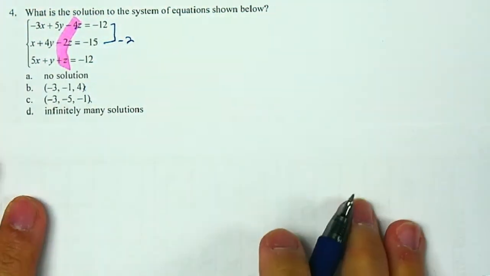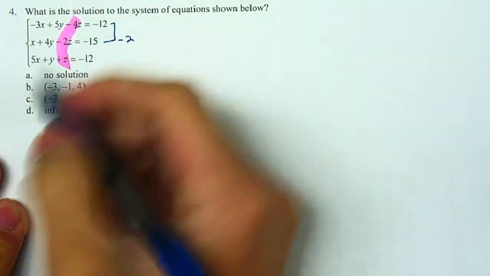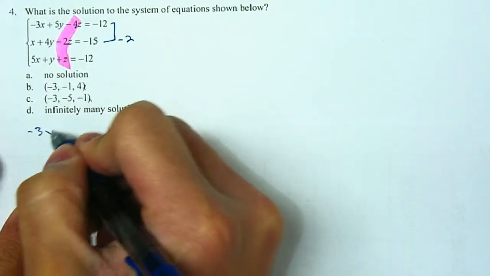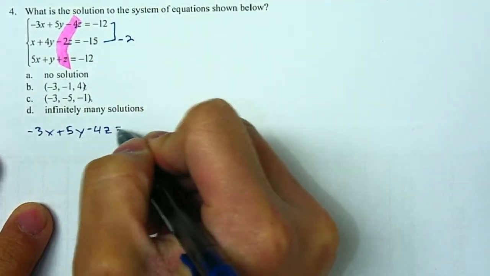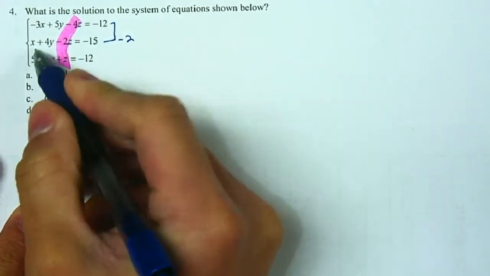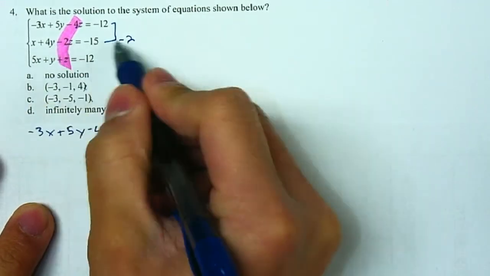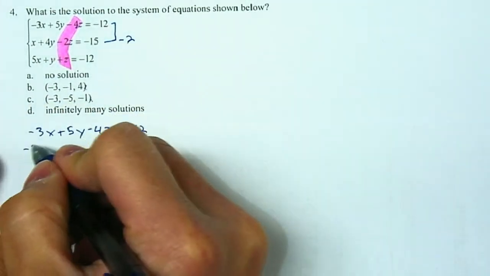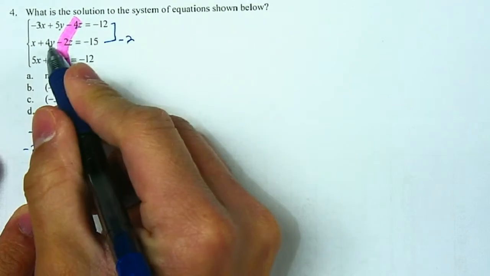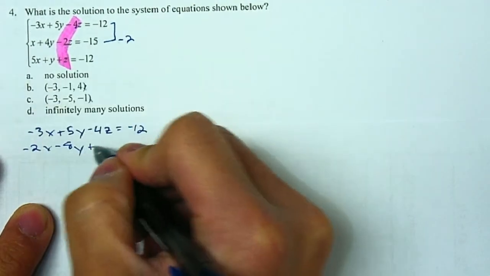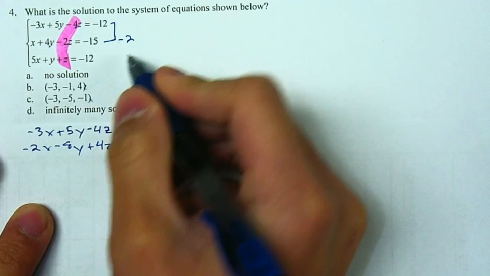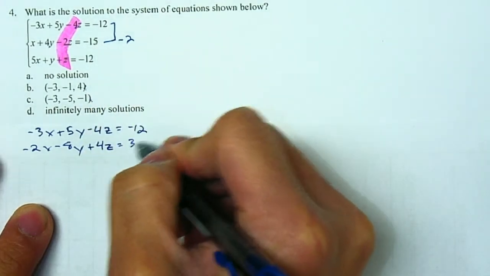So just copying that off to the side. The top one I'll just keep exactly the same. And the bottom one, I have to distribute that -2 to every single term in there. So I get -2x, then times 4 is -8y, then times -2 is +4z, and then times -2 here is going to be +30.